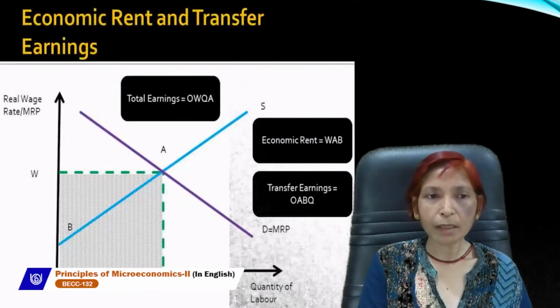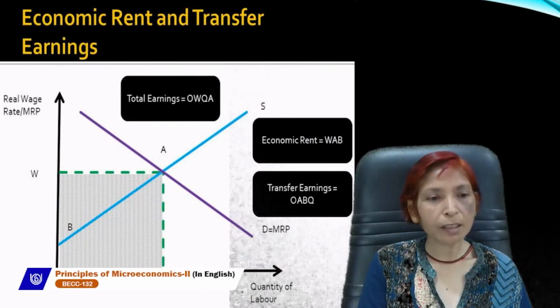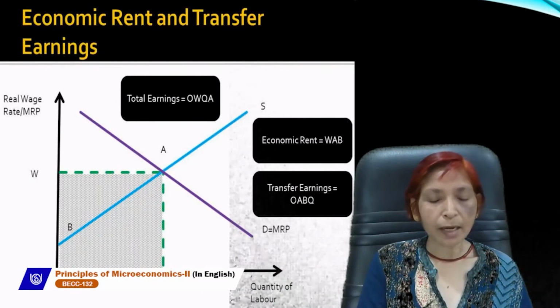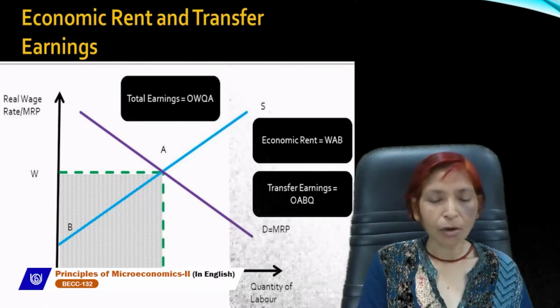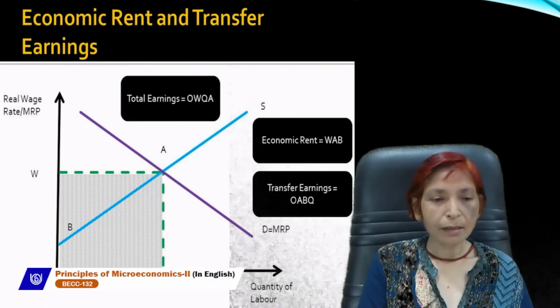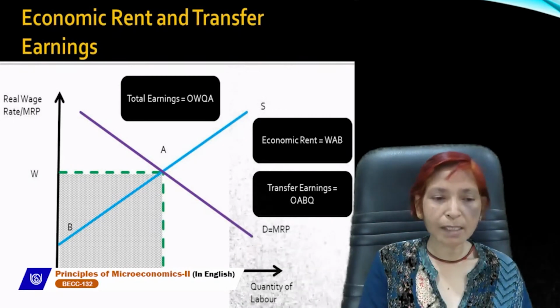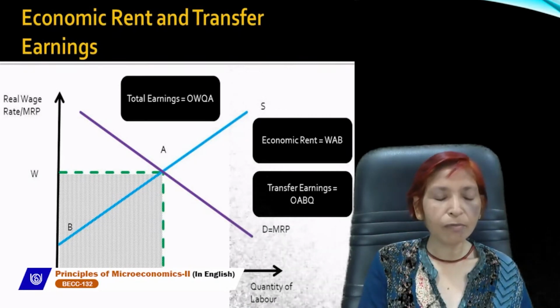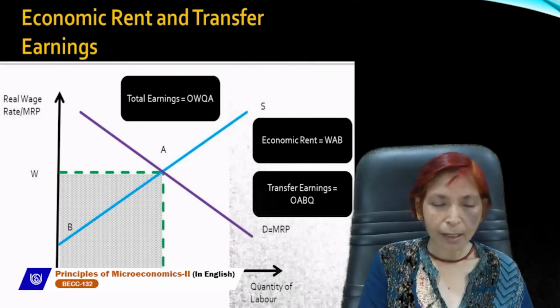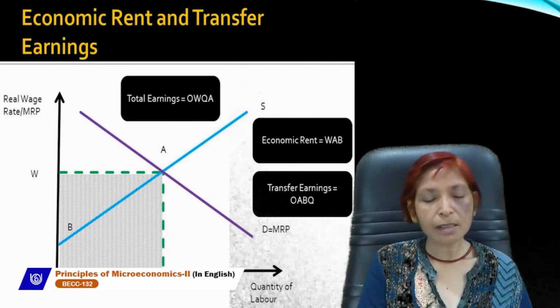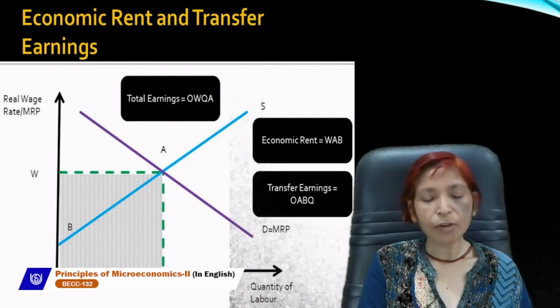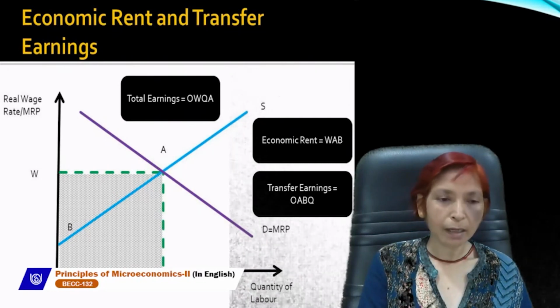Next is economic rent and transfer earning. When supply is neither perfectly elastic nor perfectly inelastic, then the portion which lies above the supply curve will be economic rent, and the portion which lies below the supply curve will be called transfer earning.